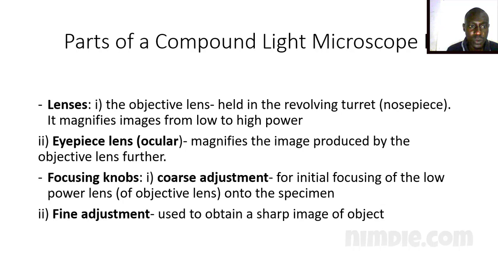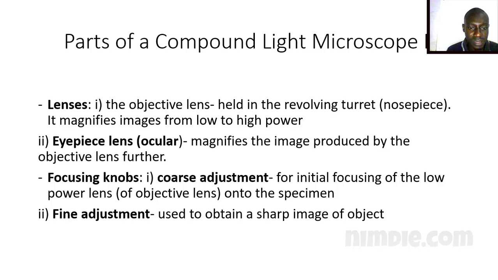The lenses are of two types. The objective lens, which is held in a nose piece. It magnifies images from low to high power. The eyepiece lens magnifies the image produced by the objective lens further. The focusing knobs are either coarse adjustment or fine adjustment. The coarse adjustment is used for initial focusing of the low power lens onto the specimen.